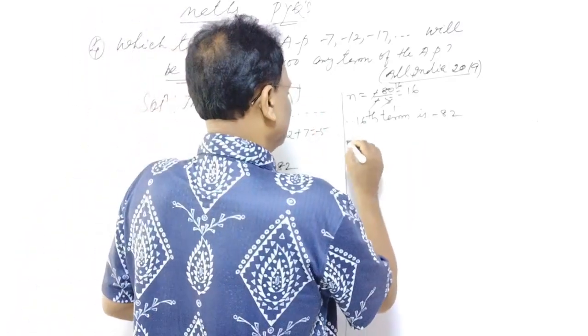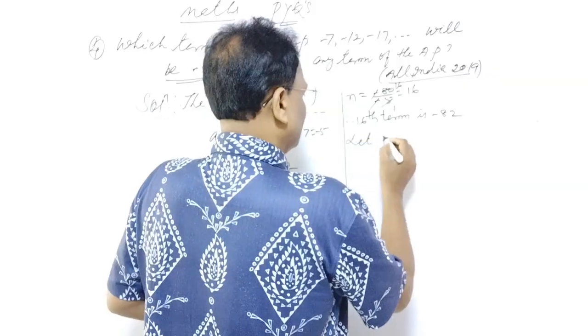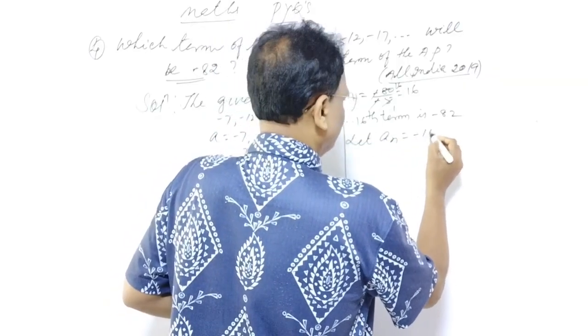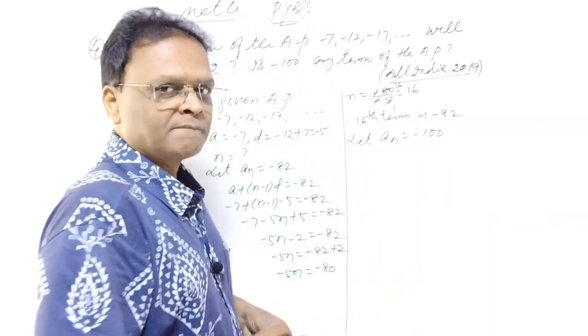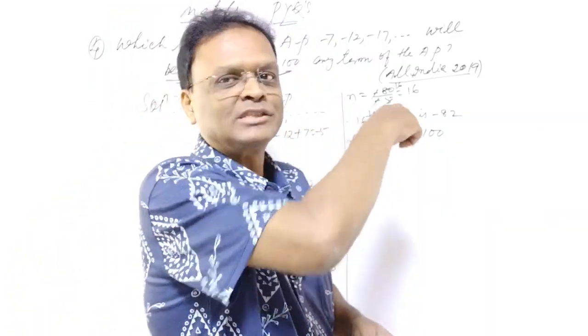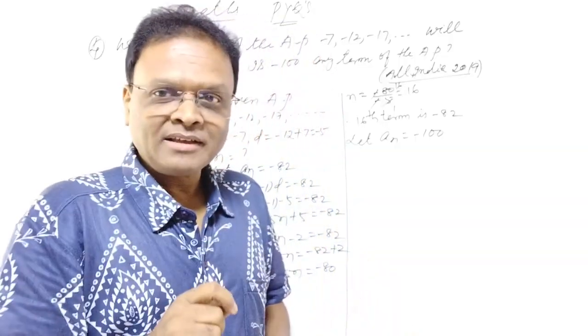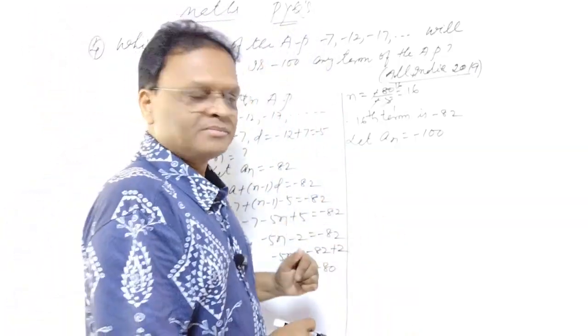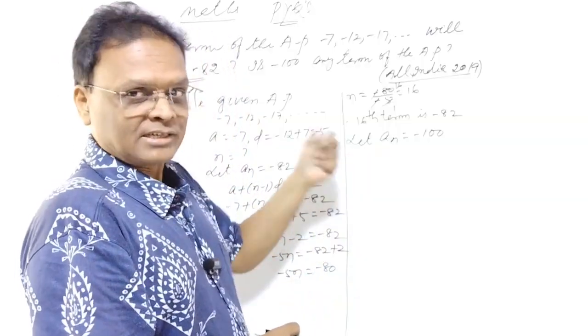Let my nth term be minus 100. He is asking whether minus 100 is a term of this series or not. So let the nth term be minus 100 and let's see whether it is a term of the series.